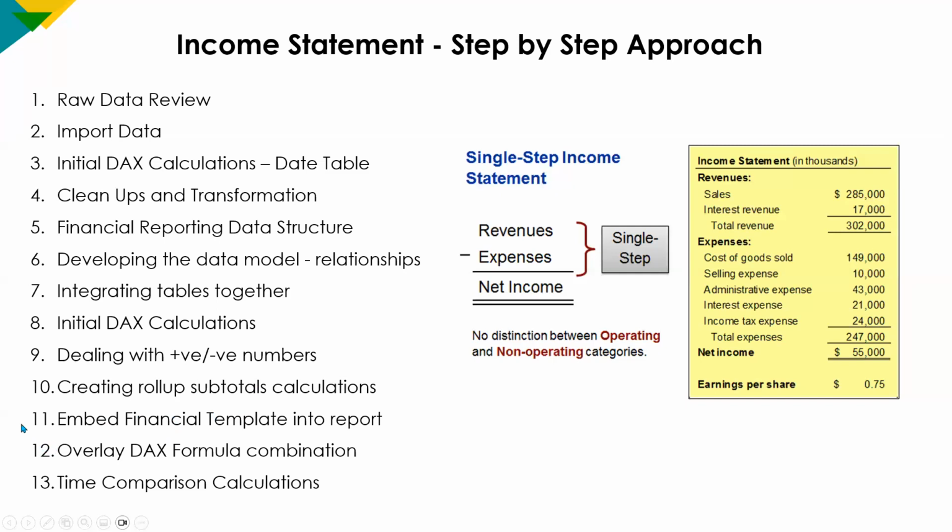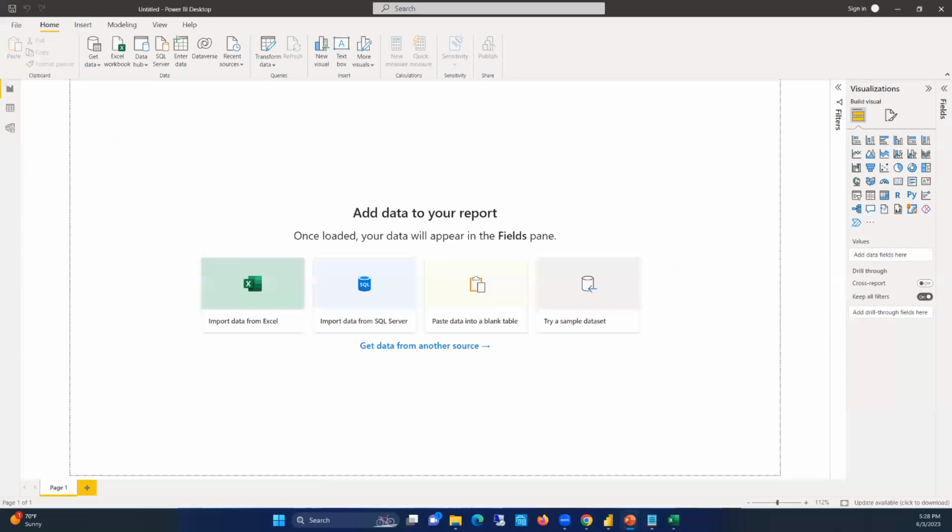And then we're going to embed the template, and then overlay our calculations on the template, and then do a bit of time comparison, a kind of year-on-year comparison. But like I said, pay attention to the structure we have here. This might not be a perfect structure, but we look at what the template actually has for us, right? So I think from here, we can then switch to Power BI and get serious, right?